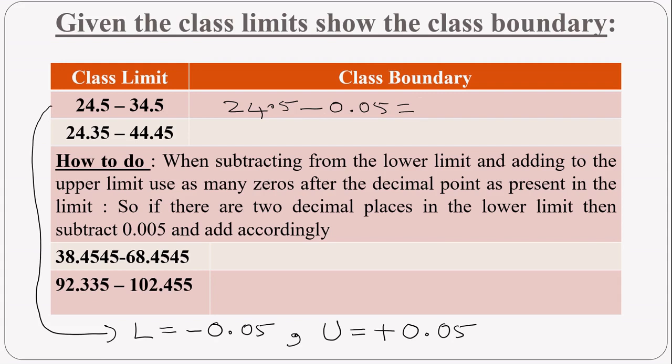Then 34.5 plus 0.05. How much are we getting? So for the first answer, we will be getting 24.45. Okay, this is the first one. And the second one, we will be getting 34.55.